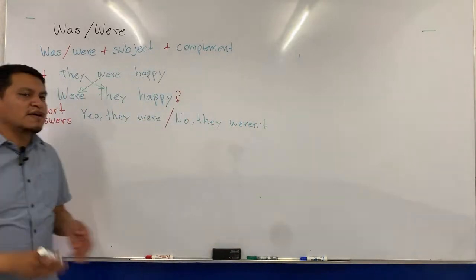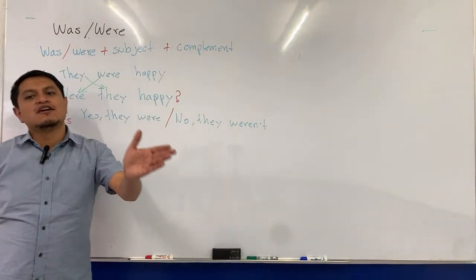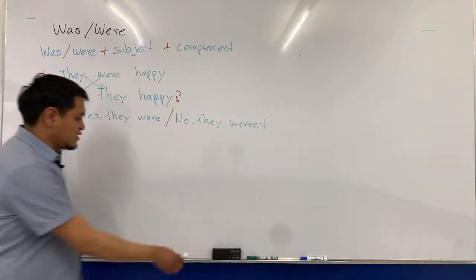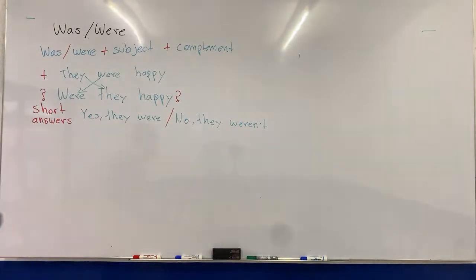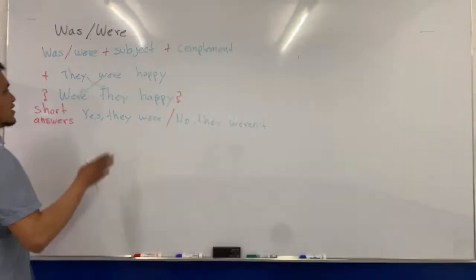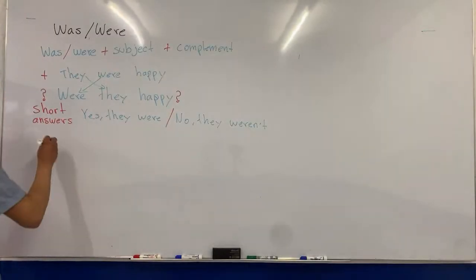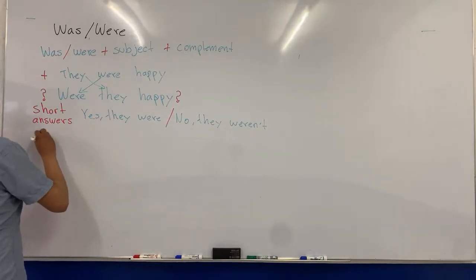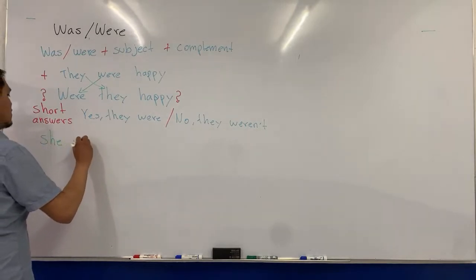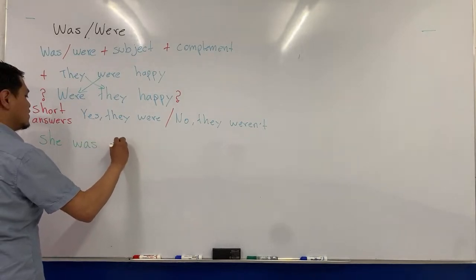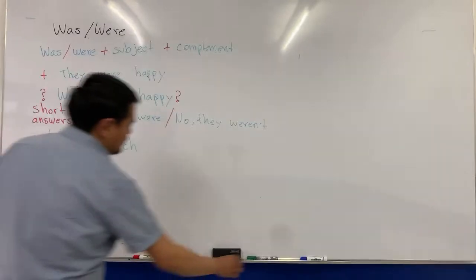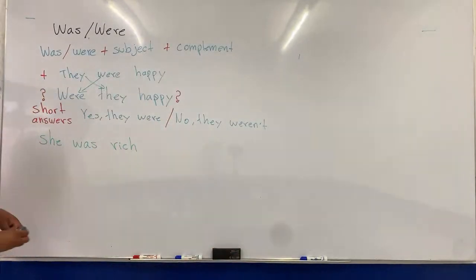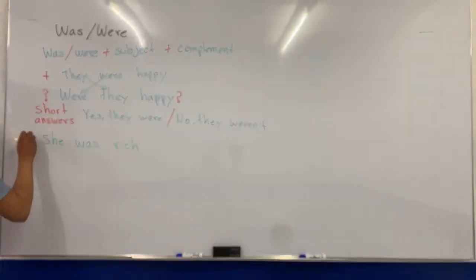I'm going to give you another example. She was rich. Another example with another color. She was rich. This is for an affirmative sentence.